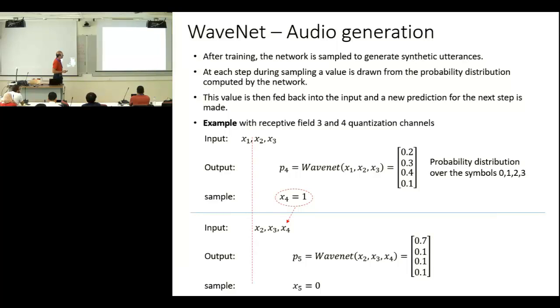This is used in combination with the previous two as an input to produce a prediction for the probability distribution of the next sample. We also sample from this categorical distribution, and let's assume that the dice gave 0, and so on. We keep on continuing. So the whole procedure is autoregressive, and because we produce one sample at a time, it is slow.